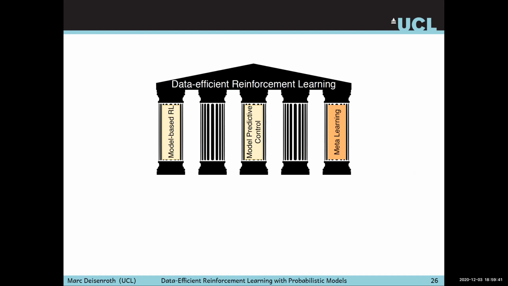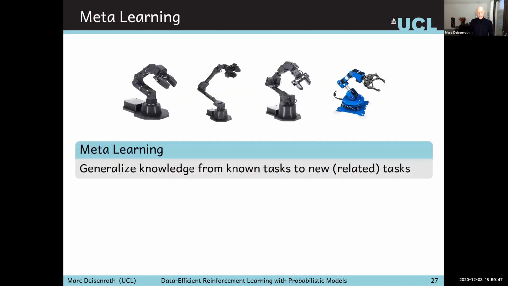Good, thanks. So in the last part, I would like to talk about meta learning, or some way of transfer learning. The idea is really to have a mechanism that allows us to generalize knowledge from things that we know to new things or new related problems. For example, you could think about having 4 different robot arms, and they look the same, but they also look different in some way.